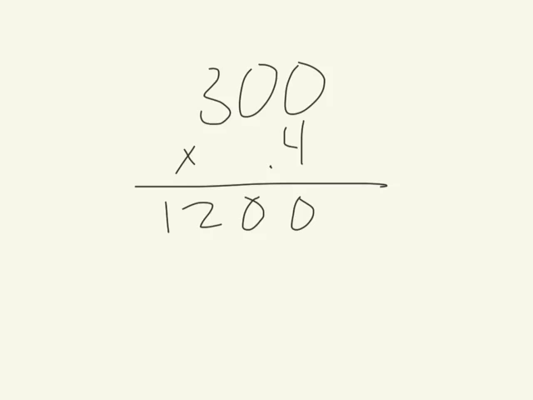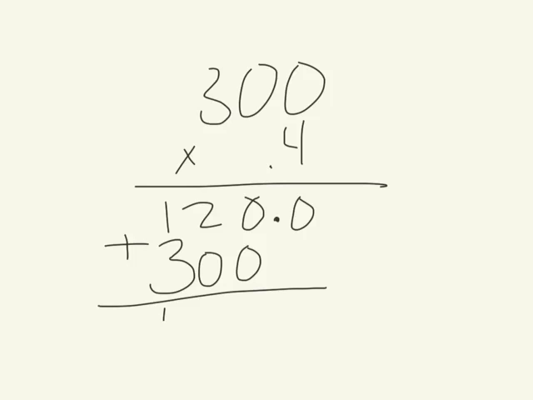So 300 times 40% as a decimal is 0.4. Let's see, 4 times 0 is 0, 4 times 0 is 0, 4 times 3 is 12, and we have that 1 decimal place. So 40% of 300 is 120, so 40% more would be 120 plus 300, which would be 420 pages.